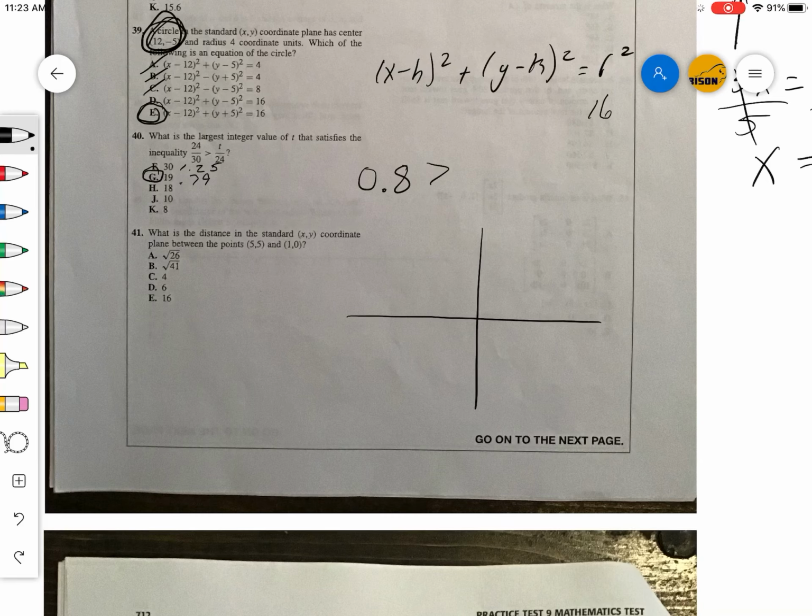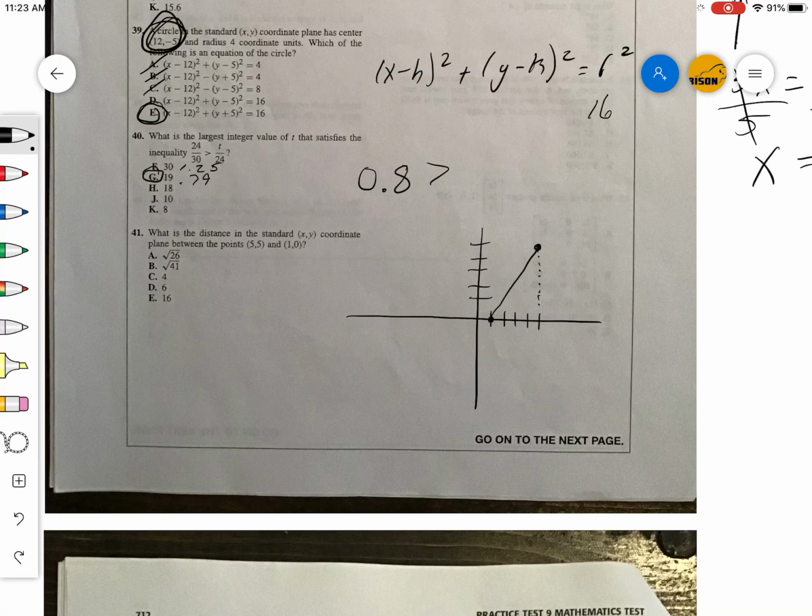There we go. And we are at 5, 5, and 1, 0. So 1, 0 would be this spot. 5, 5 would be somewhere up in here. And we're looking for that distance.